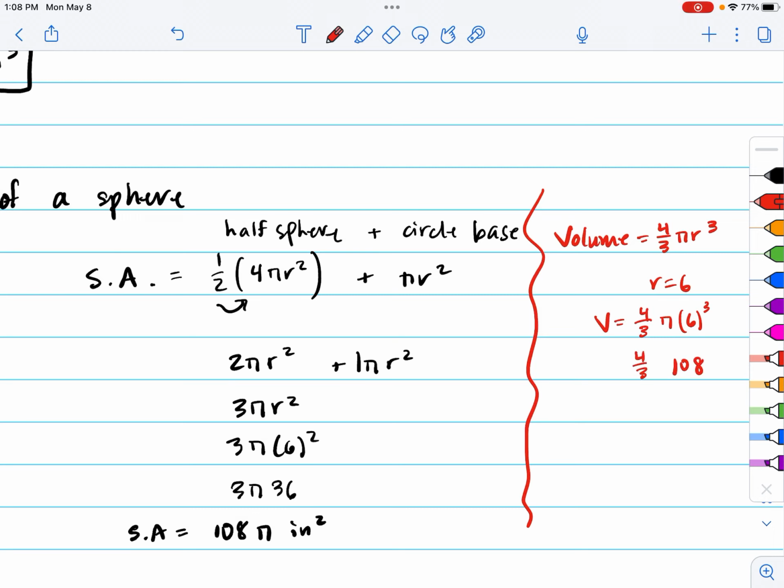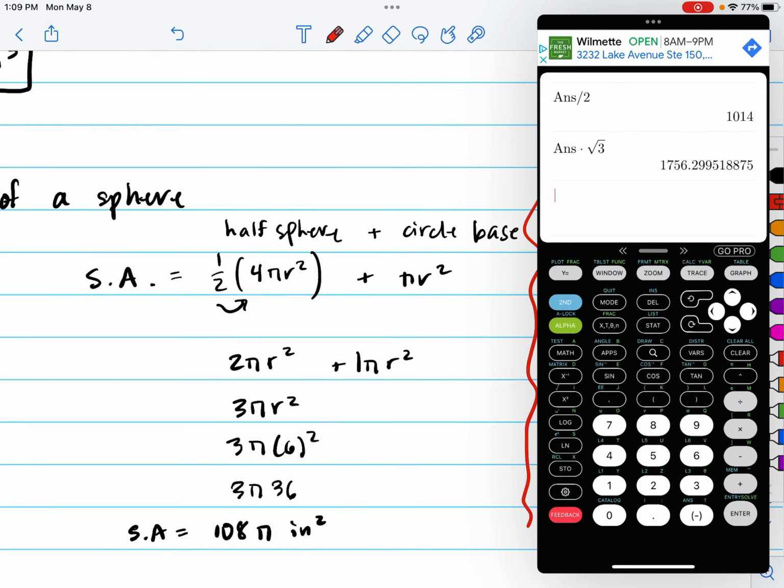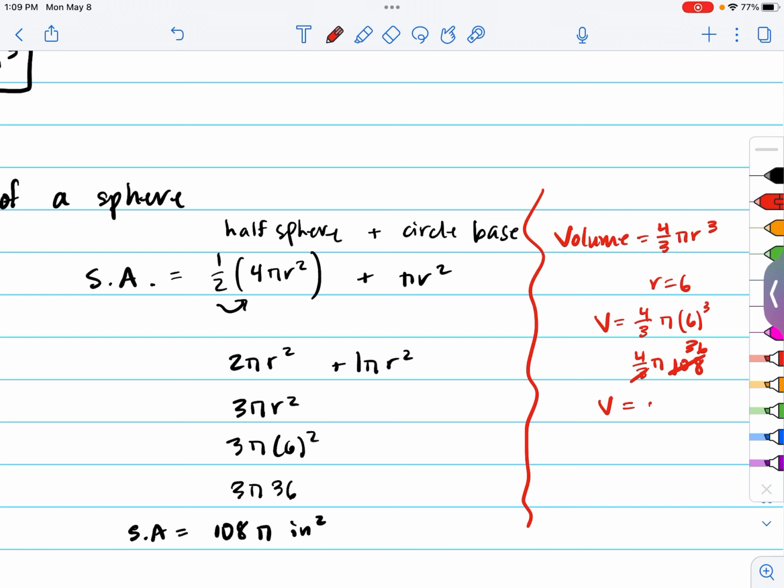We have 4/3 here, and 3 does go into 216 72 times. So funny how this kind of happens. We get a 72 here, and we end up multiplying that with the 2. 144, so we end up with a volume of 144 pi inches cubed.